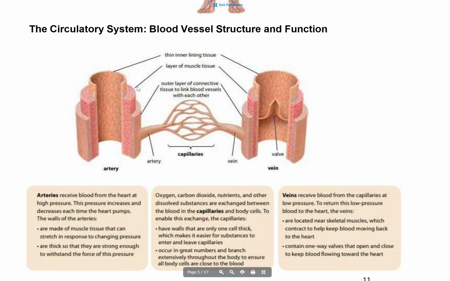And then the second layer that you can see here is a layer of muscle tissue. And you'll notice that even though the lining tissue looks very similar between the artery and the vein, you can see that the artery has a thicker layer of muscle than the vein. And that's because, remember, the arteries take the blood away from the heart, right?